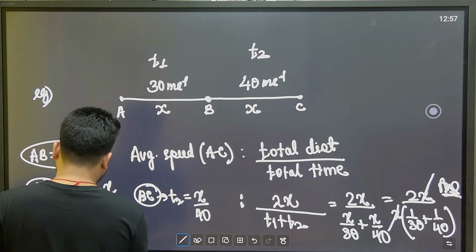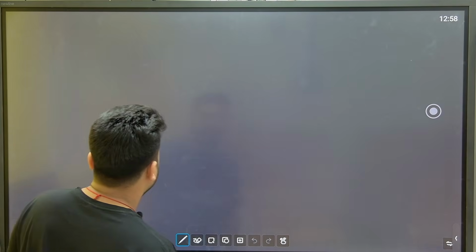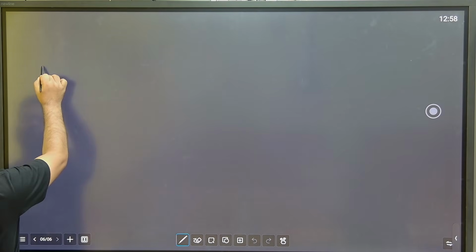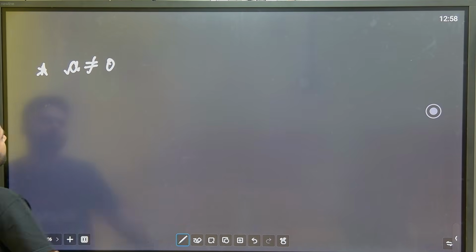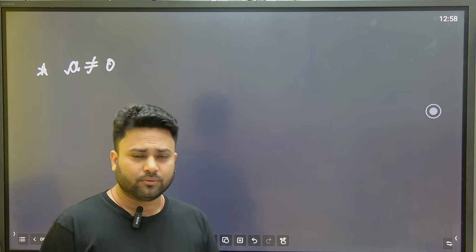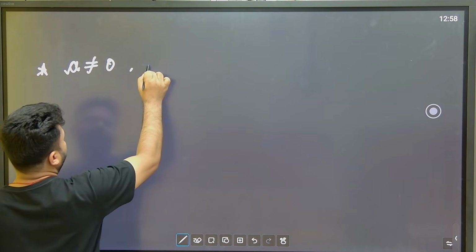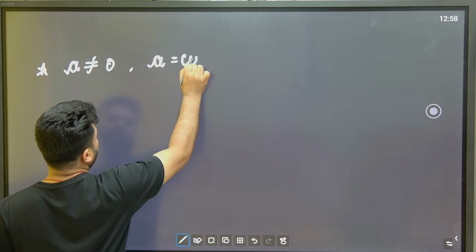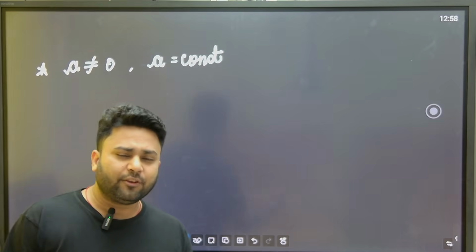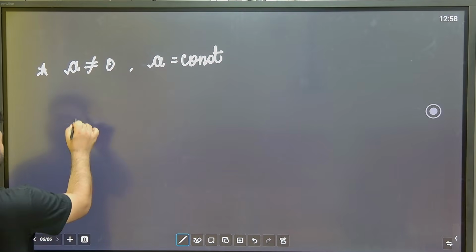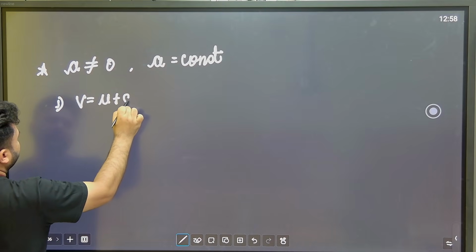Next we have equations. What if we have acceleration? What if acceleration is not 0? If acceleration is not 0 and acceleration is constant, then we can use, we have 3-4 equations. First, final velocity v equals u plus at.